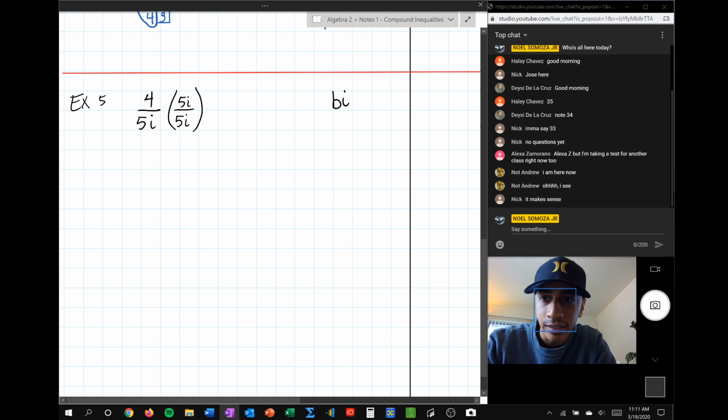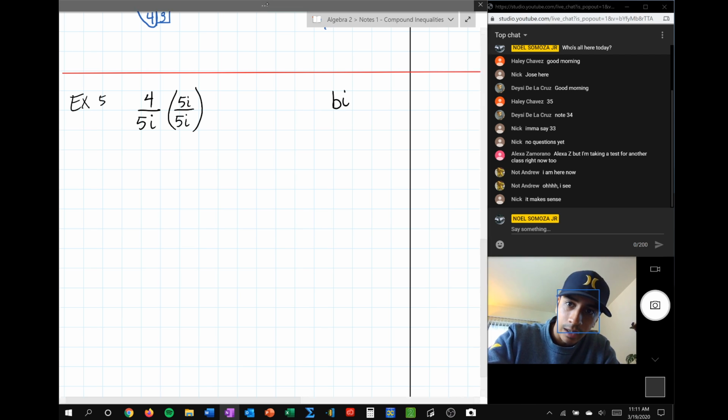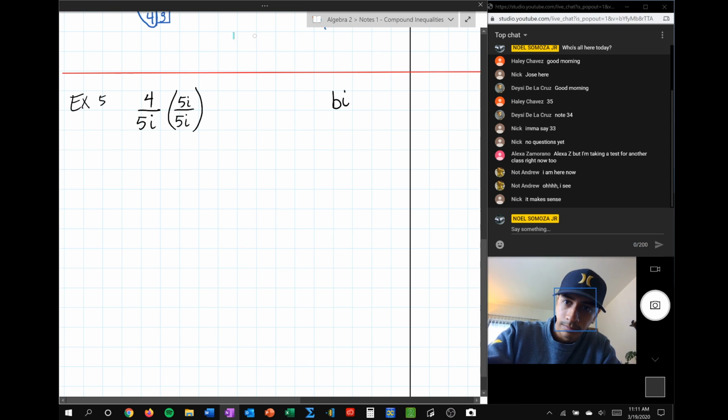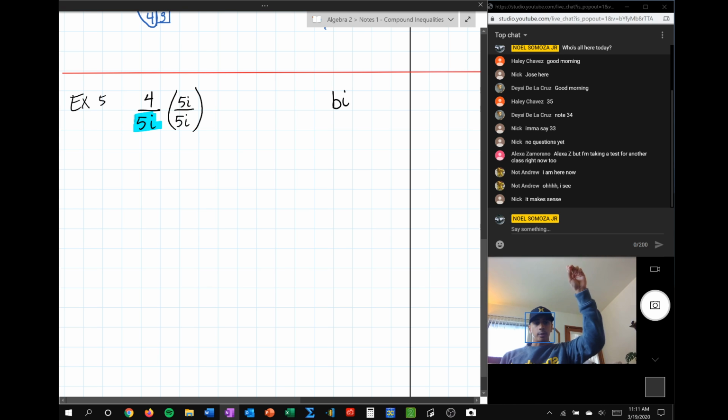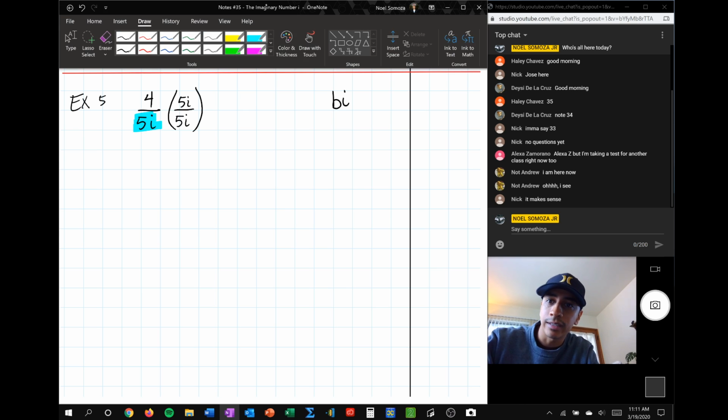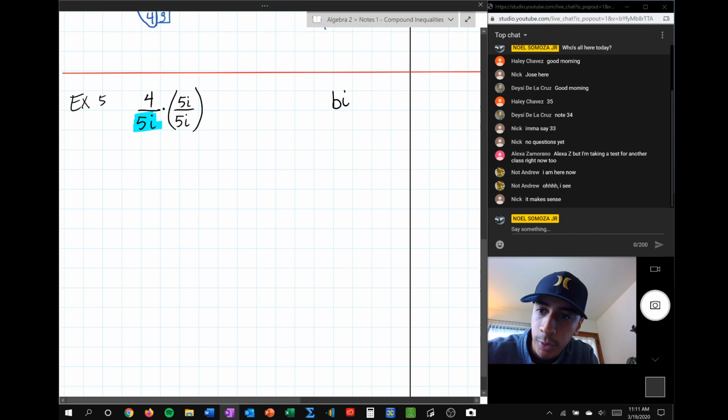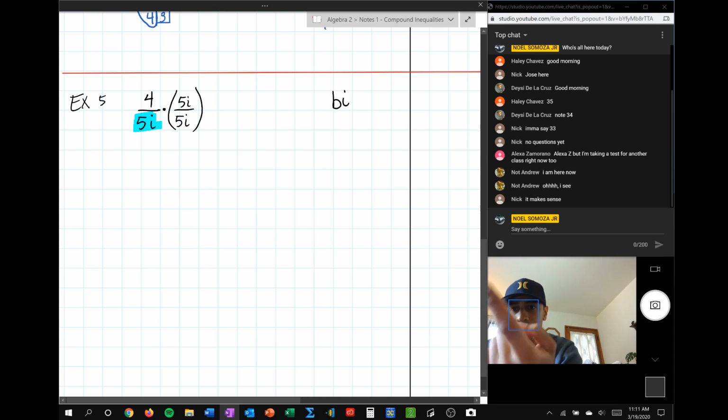Notice how this 5i that I'm multiplying by is the denominator that was already there. Because you're multiplying by 5i over 5i, isn't that the same thing as multiplying by 1? 5 divided by 5 and i divided by i gets you back to 1.